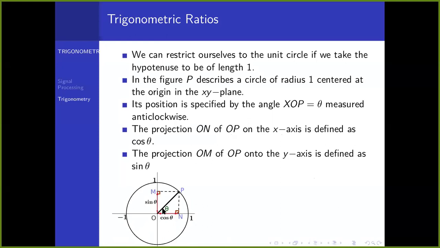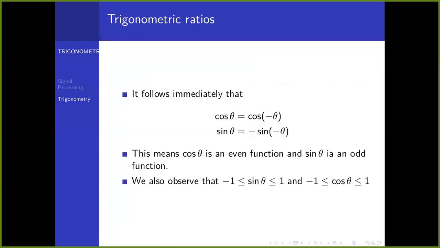But since it's exactly the same angle, only in a different direction, the projection will be the same. The angle will be negative theta, but the projection will still be the same thing. So the cosine of theta and the cosine of the negative of theta will both be equal, right?